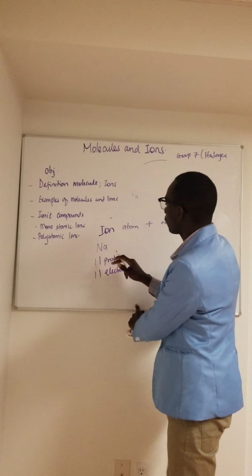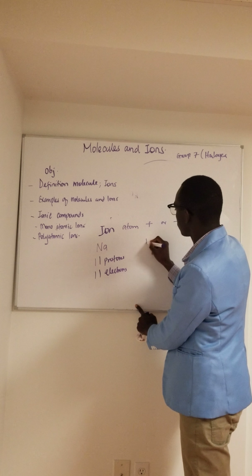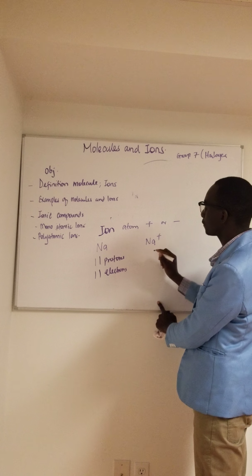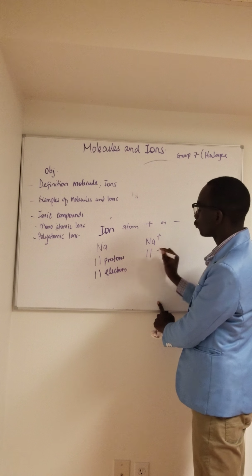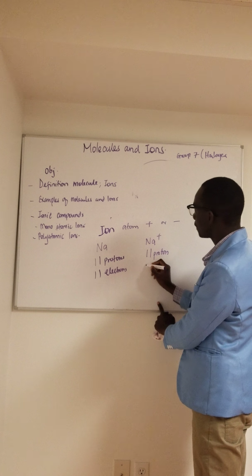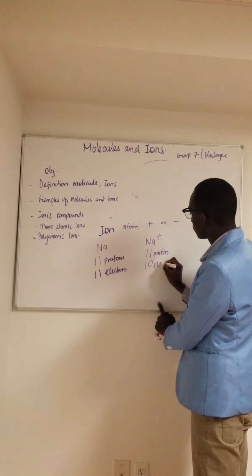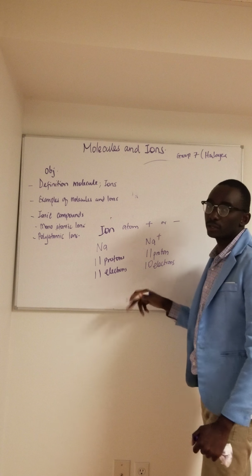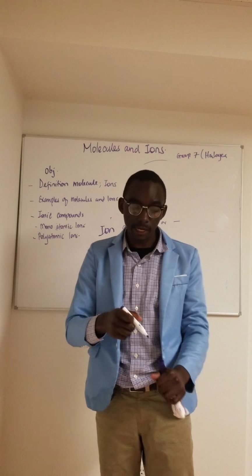Then for an ion of sodium, we write it like this: Na plus. The protons will be the same because the protons represent the element, sodium. Then the electrons will be less by 1. Sodium reacts by losing 1 electron.